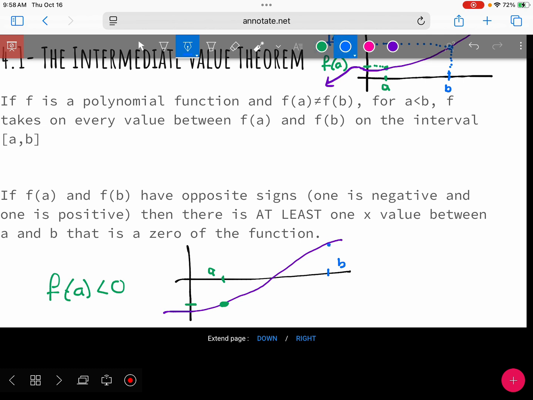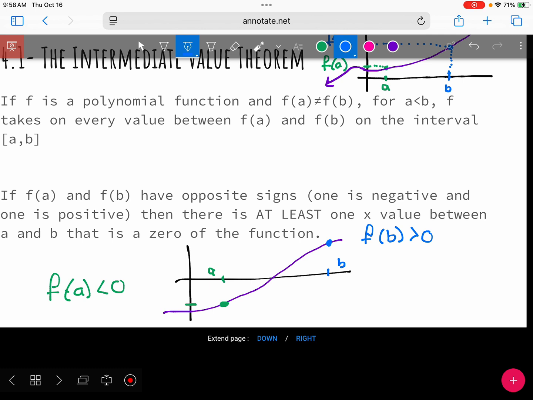And I know b is probably a positive. F of b is a positive number. So if f of b is greater than 0, I know somewhere in between a and b, I have to have a root. If I have a positive value at b and a negative value at a, somewhere in between these two values, I have a root, a solution, a 0 or x-intercept.